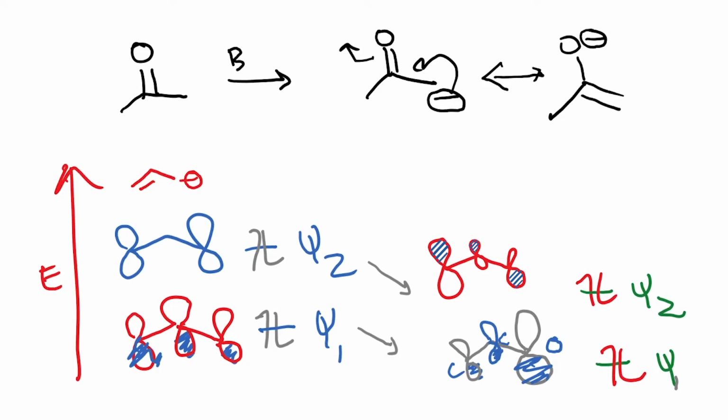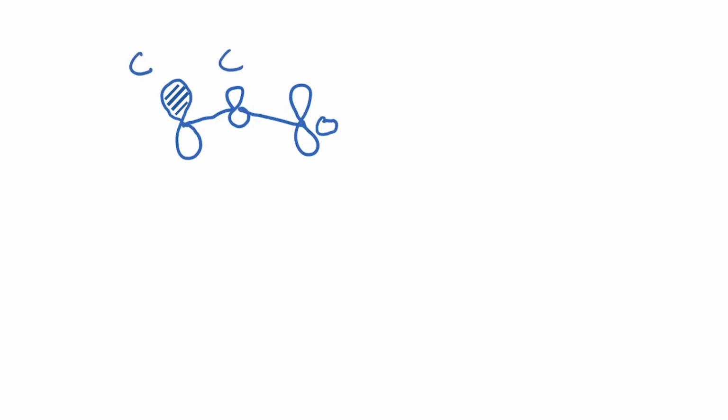Okay. Now I'm going to redraw this on the next page because I want to discuss this a little bit. Let me look at the psi2, because that's an important orbital for us to look at. When I draw this out again, there's a very small component on the center carbon, but this is my oxygen and these are the two carbons.